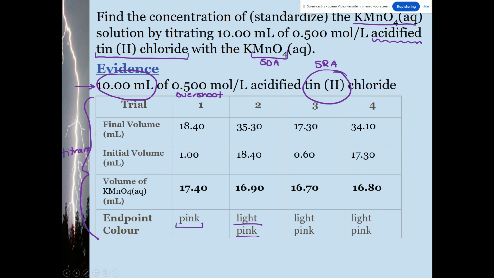The rule is that you continue until you get 3 trials within 0.20 milliliters. All 3 have to be within 0.2. So those are within 0.2, those are within 0.2, and those are within 0.2. They don't have to be subsequent trials, but there needs to be 3 within 0.2.